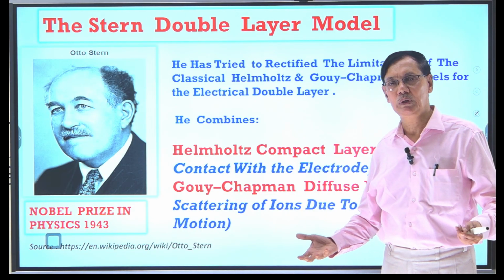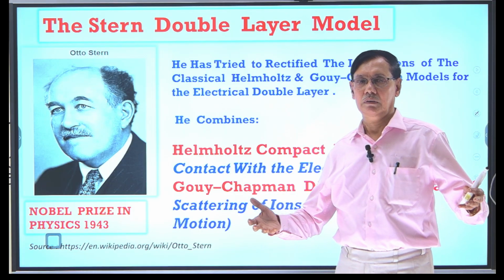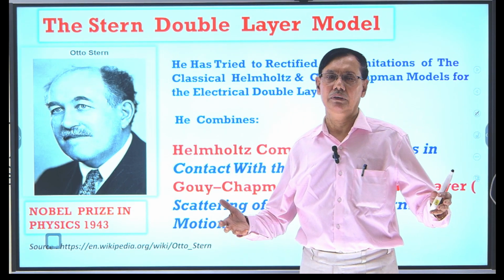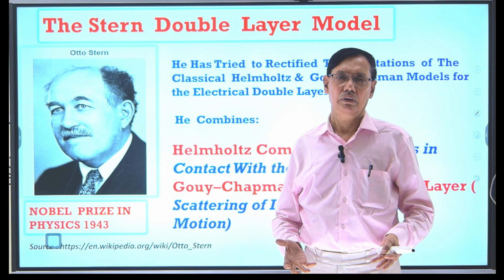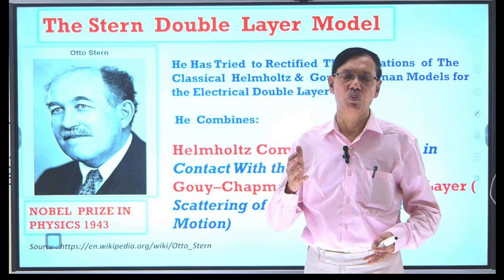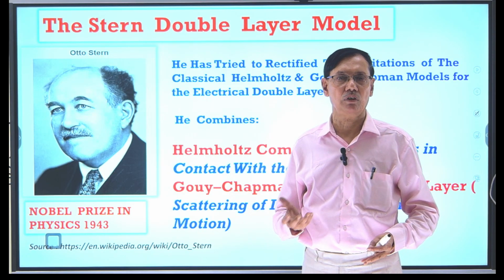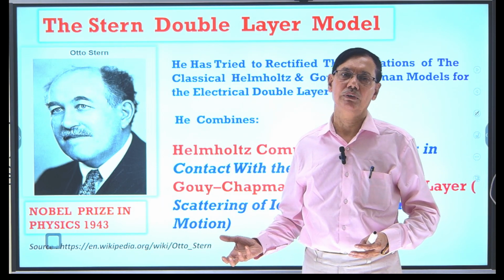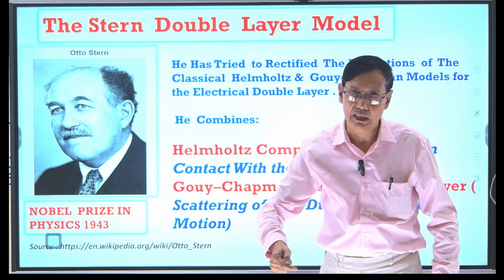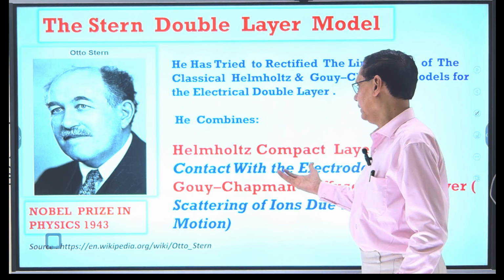So it is very easy. That means if I want to calculate the differential capacitance of the whole system, it is 1/C = 1/C_H + 1/C_GC, the capacitance due to Helmholtz plus the capacitance due to Gouy-Chapman. Everywhere there is a decrease in the potential. That is to be calculated.